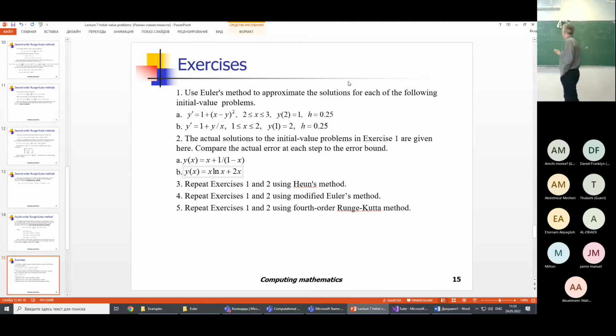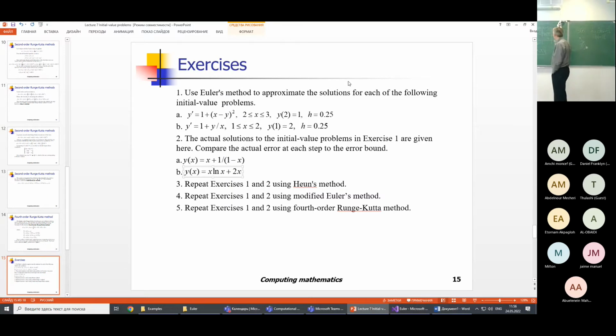Okay. Well, what I know is that after we compute the actual values of y, we can compute the error. Error is a difference between real value and approximation. What is the error at initial point? It's 0. Error at initial point is 0. 2 minus 2 is 0.